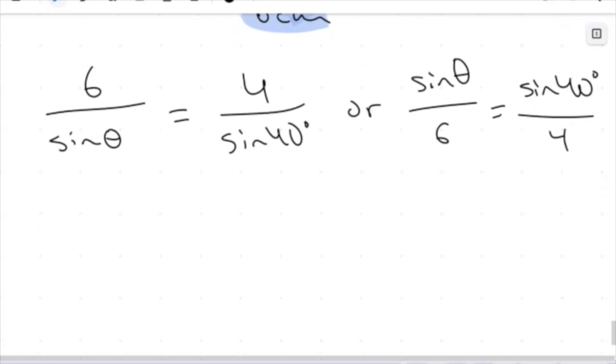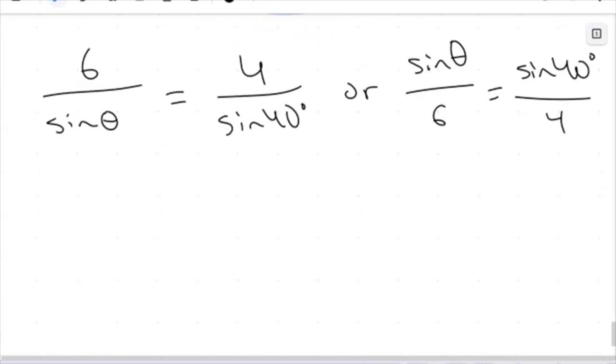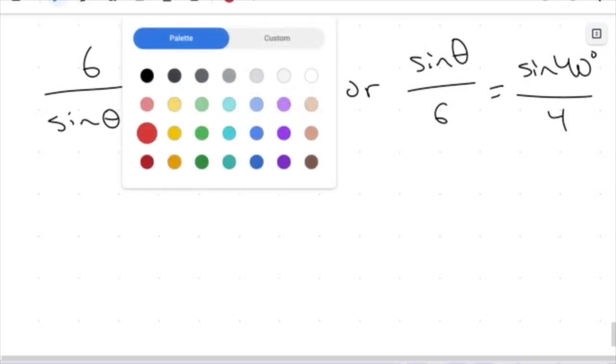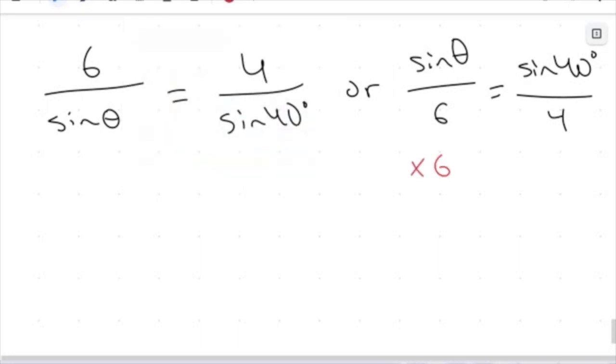This is the exact same thing, but it may be advantageous to use the second one because the sine theta is on the numerator, so there's a lot less working out and solving the equation here.